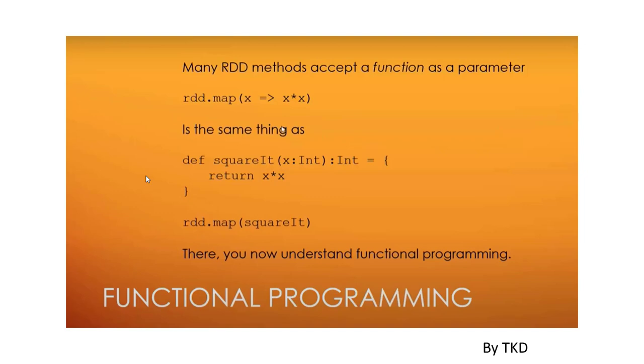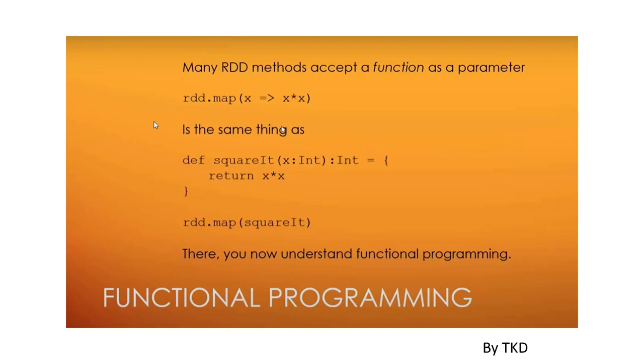So just to reiterate the point, we are passing this function as an x and this funny little symbol with an arrow, then x times x. Syntactically, it is similar to something like this: return x times x, wherein we have a separate function and we name it square it, which takes an integer parameter x and returns an integer which is x times x.